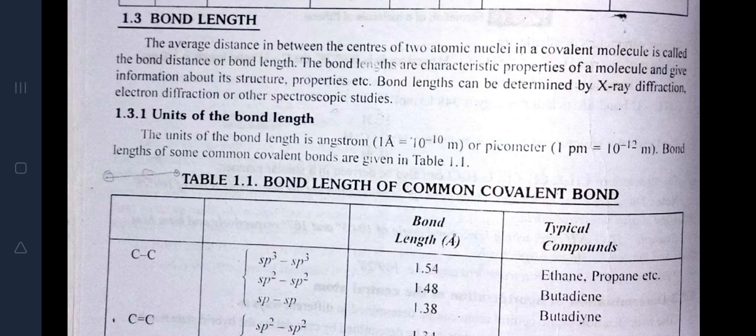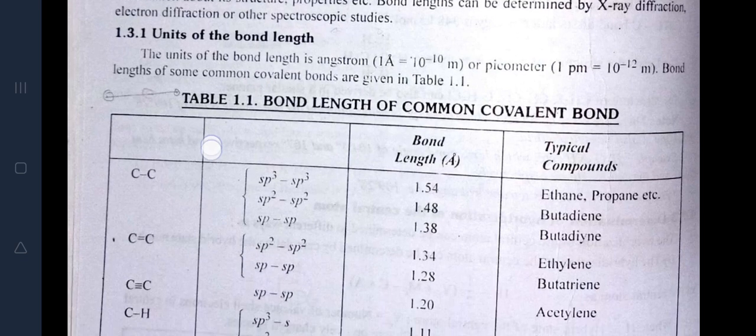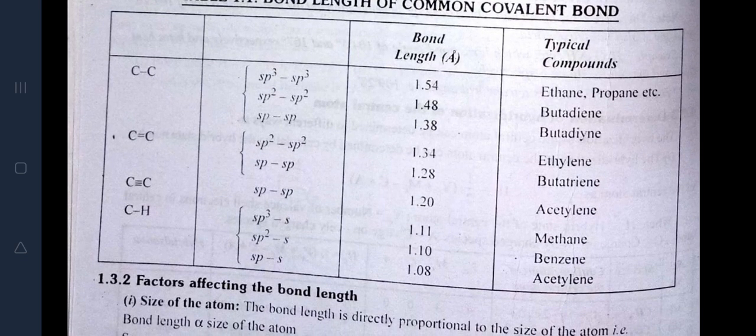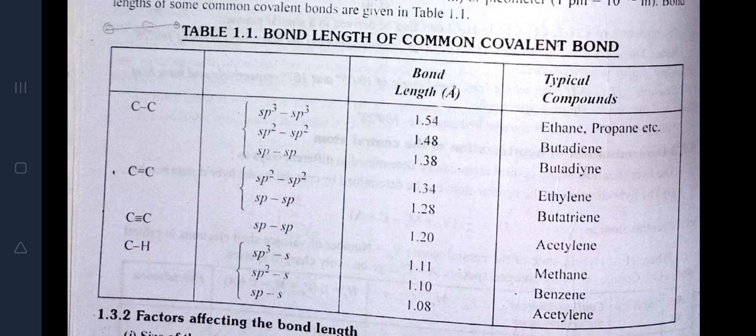Bond lengths of some common covalent bonds are given below. The carbon-carbon single bond, sp3, has a bond length of 1.54, with typical compounds like ethane, propane, etc. Similarly, the carbon-carbon double bond, sp2 to sp2 hybridization, has a bond length of nearly 1.34, with typical compounds like ethylene.